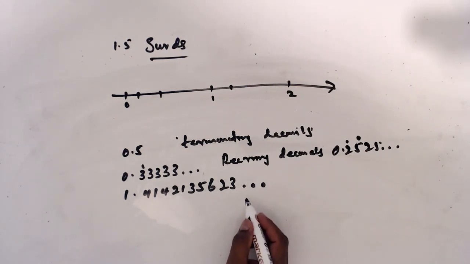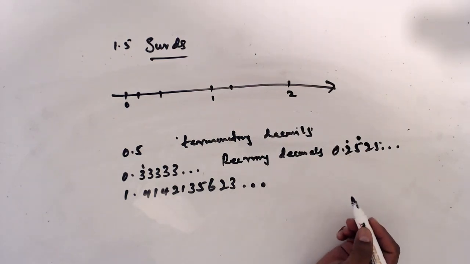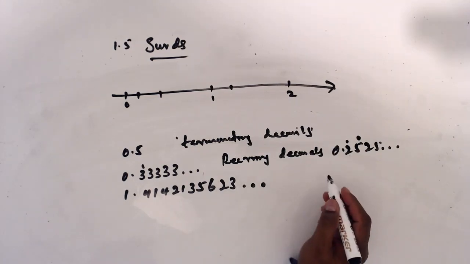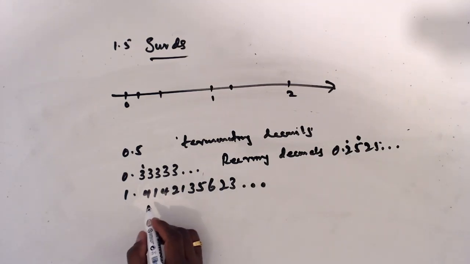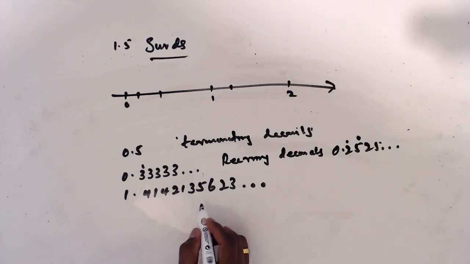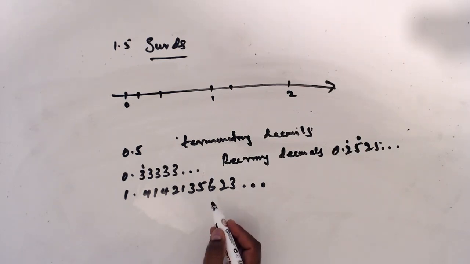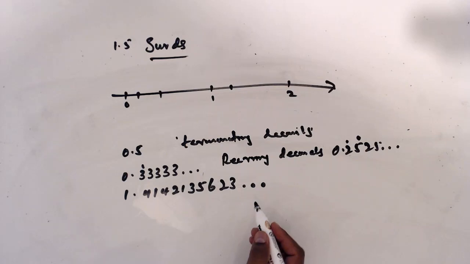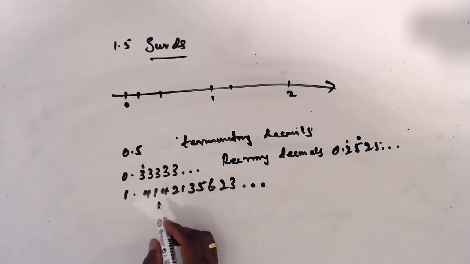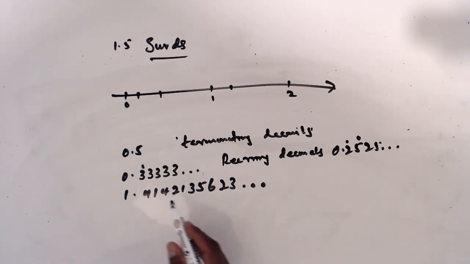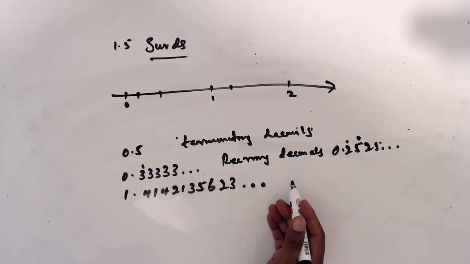In here you can see this is also going on forever, but in this type of number you can't find a pattern or recurring decimal. Next time 4, then next time 2. Likewise, we don't know what number we are going to get.